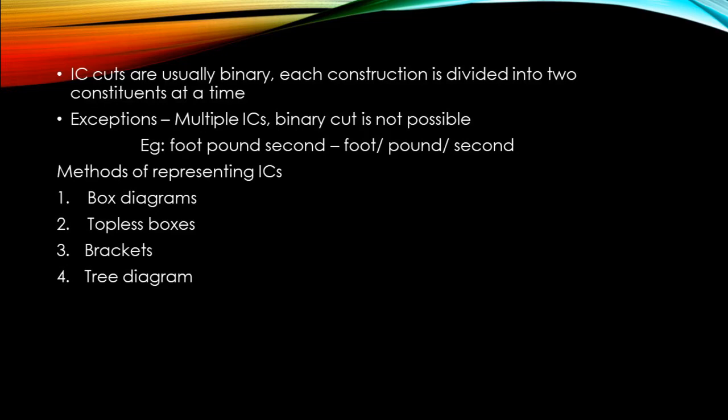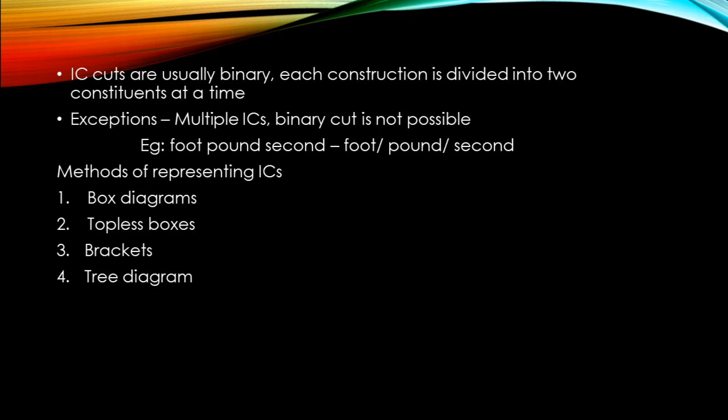Now, IC analyses are usually binary, they are cut binary, but then there can be exceptions. There are certain phrases or sentences where binary cut is not possible. There you will have multiple ICs. For example, let us take the phrase foot pound second.